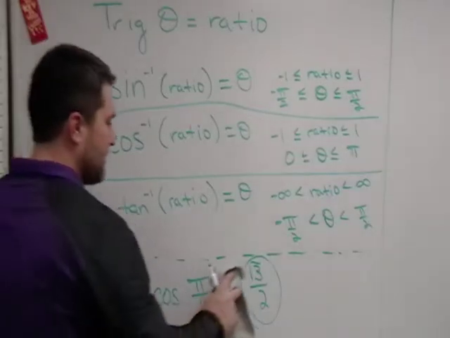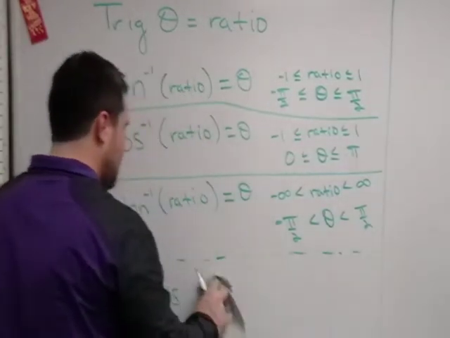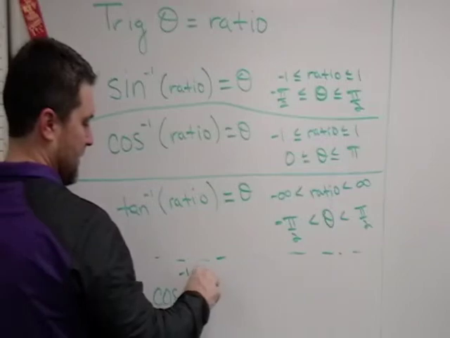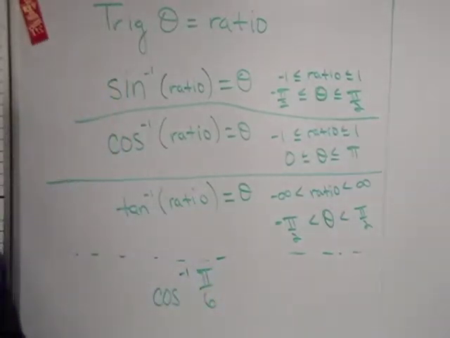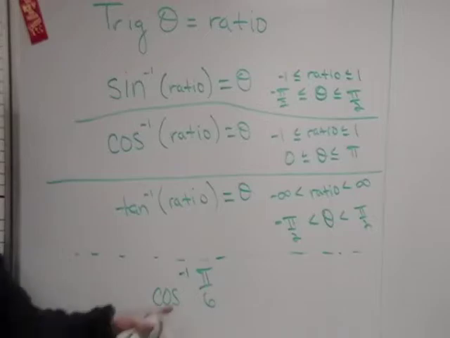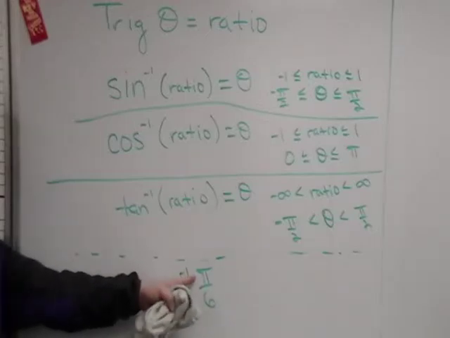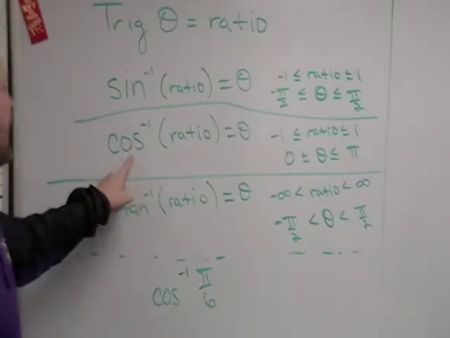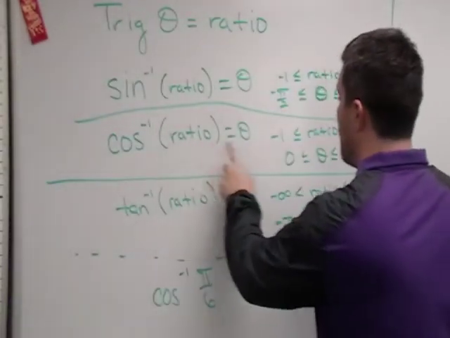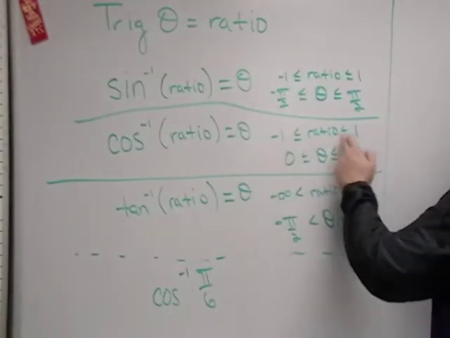Now, if I asked you to find cosine inverse of pi over 6, you're going to want to think cosine of pi over 6 because that looks like a radian. Now what is the pi over 6? It's a ratio. Now here's the deal. Anytime you take cosine inverse of a ratio, that ratio has to be between negative 1 and 1.